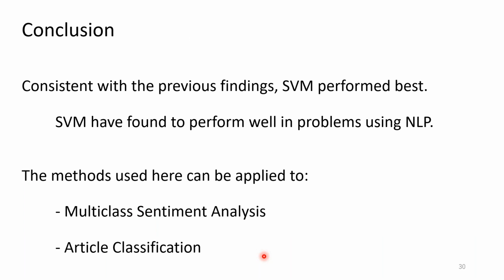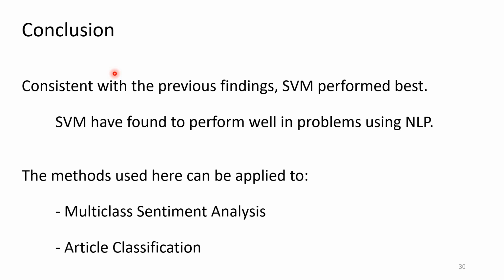Let me summarize this project. This project carried out a sentiment analysis of product review data using popular NLP techniques such as stemming, tokenization, lemmatization, and tf-idf vectorization. And it applied classification algorithms that are popular and have been found to perform well in sentiment analysis.